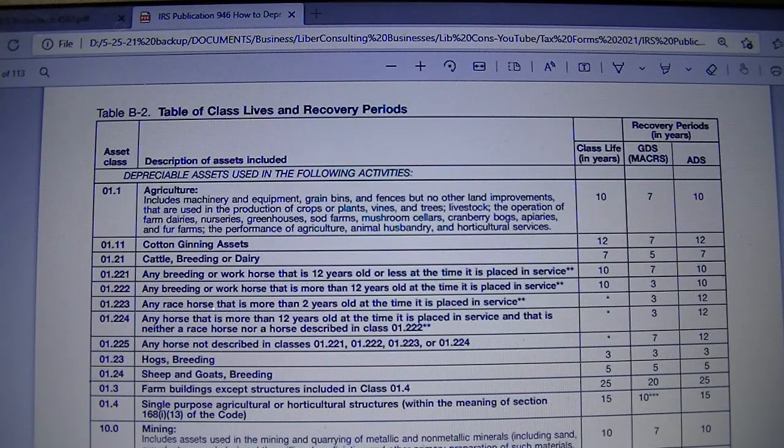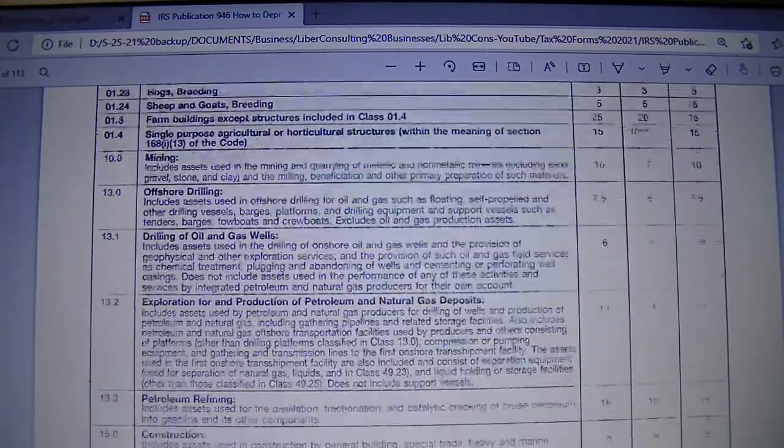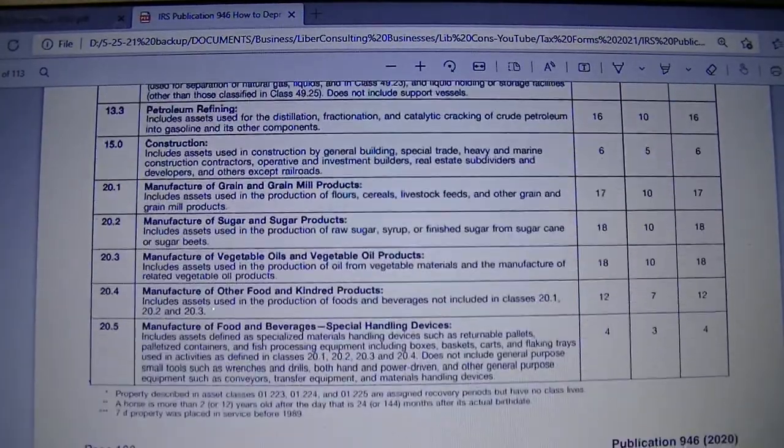Table B2 has businesses listed. So we'll read through it. Under description of assets included, depreciable assets used in the following activities. So we'll read through it to find our business.